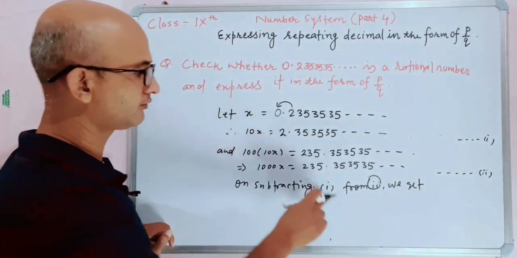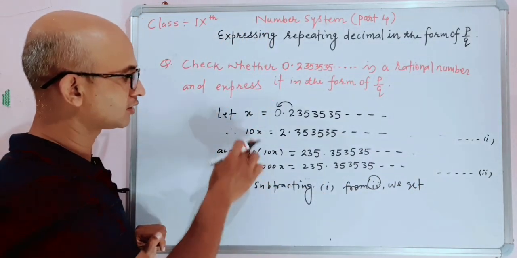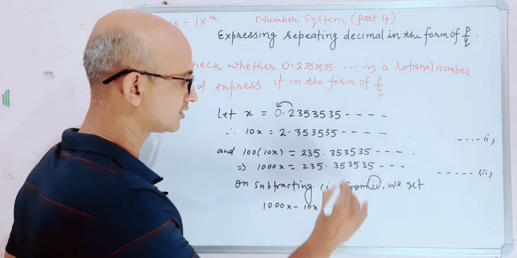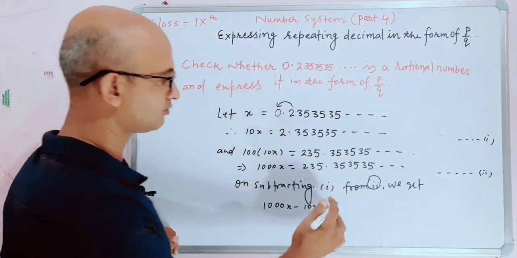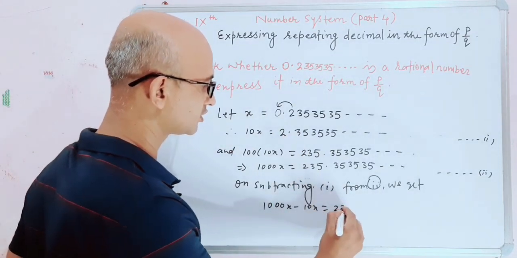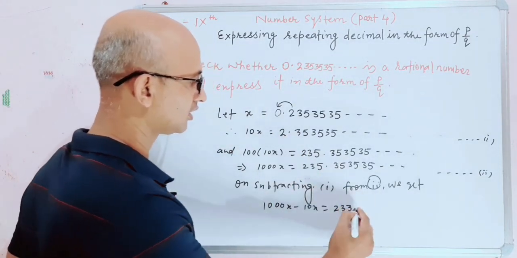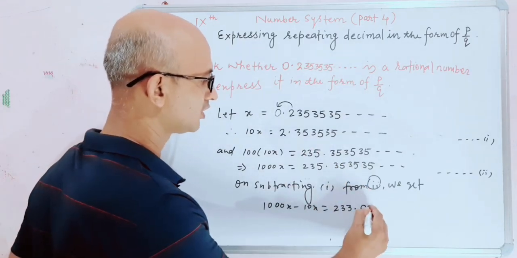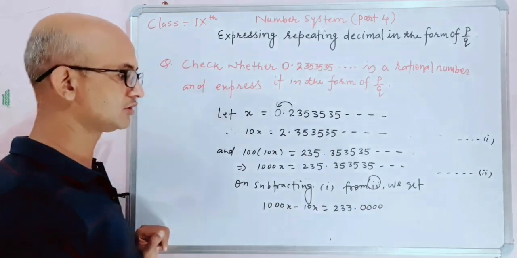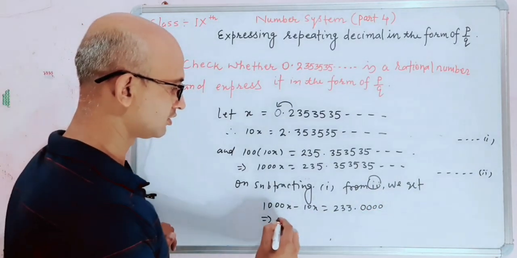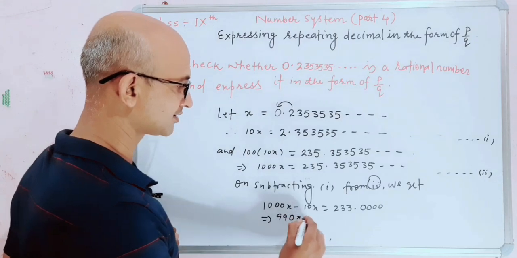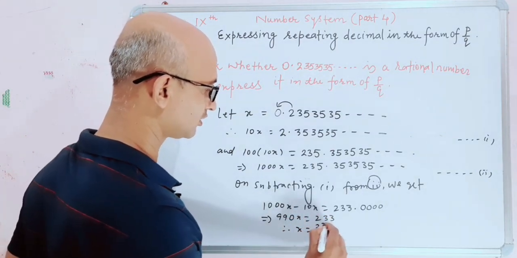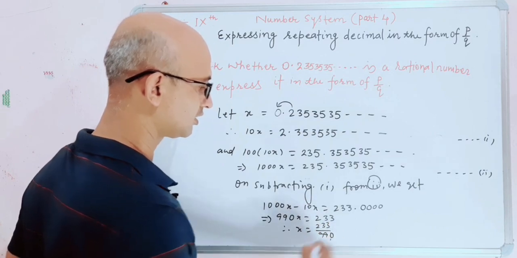On subtracting the first from the second, we get 1000x minus 10x equals 235 minus 2, which is 233. After the decimal, since these are like decimals, in the decimal part we get 0, 0, 0 and so on. That is we get 990x equals 233. Therefore x equals 233 divided by 990.